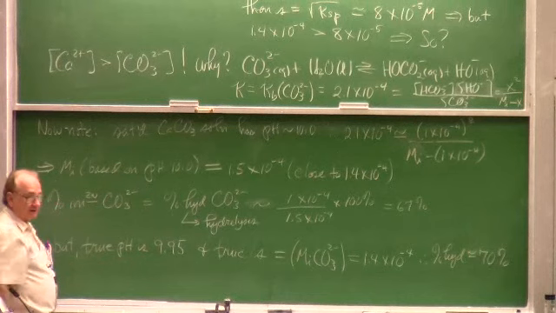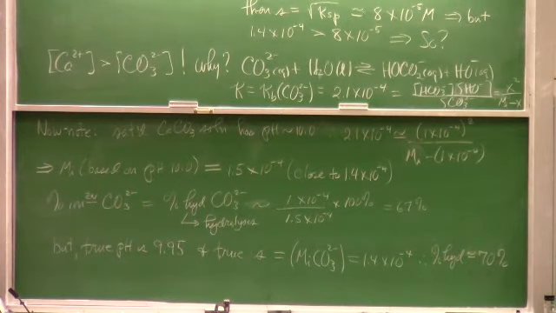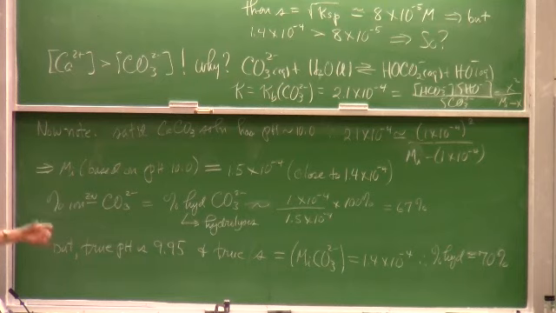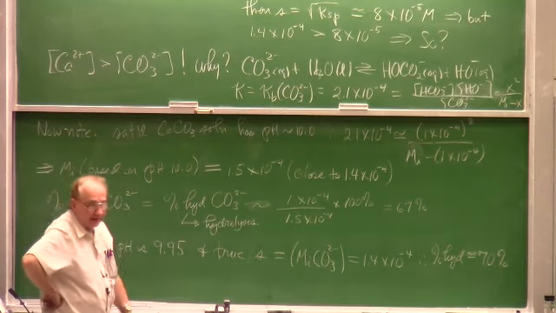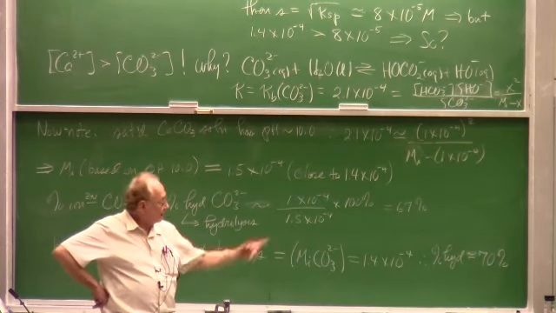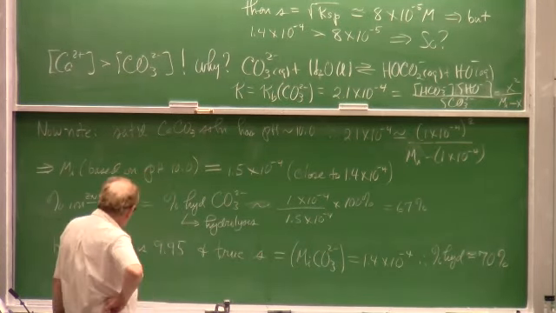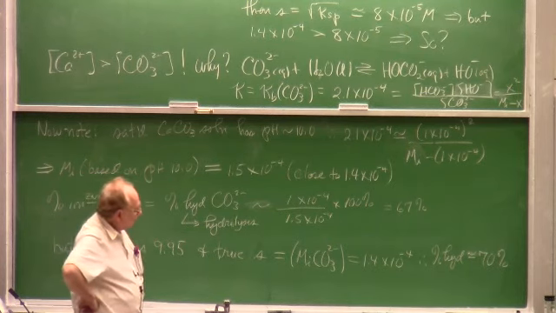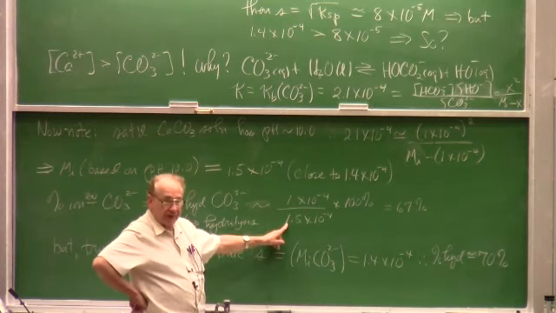So based on this, if we ask the question, to what extent or percent has carbonate ion gone away, has hydrolyzed by this reaction with water, because hydrolysis just means reaction with water, we get 67%. In fact, the hydrolysis or ionization extent of carbonate ion is even somewhat greater than that. Because true S is not 1.5 times 10 to the minus 4, it's 1.4 times 10 to the minus 4.